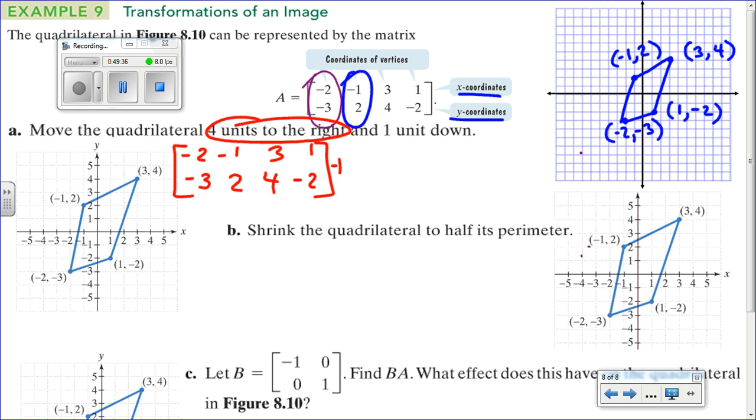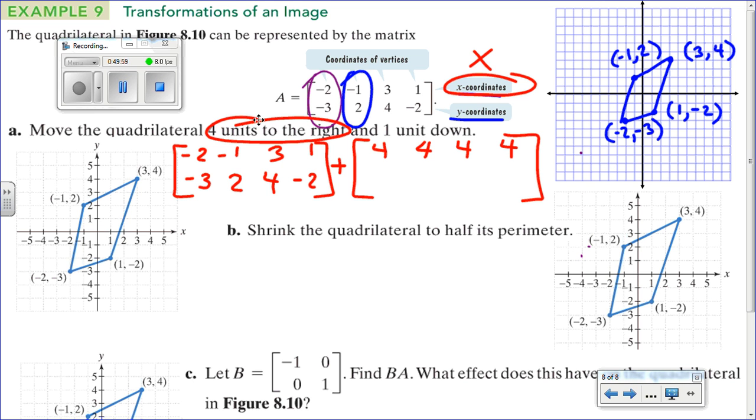And then we want all the x coordinates. So remember, x coordinates is the first row. We want them to be shifted 4 units to the right. So what should we add? 4. We're just going to add 4 to the first row, because the first row is the x coordinates.